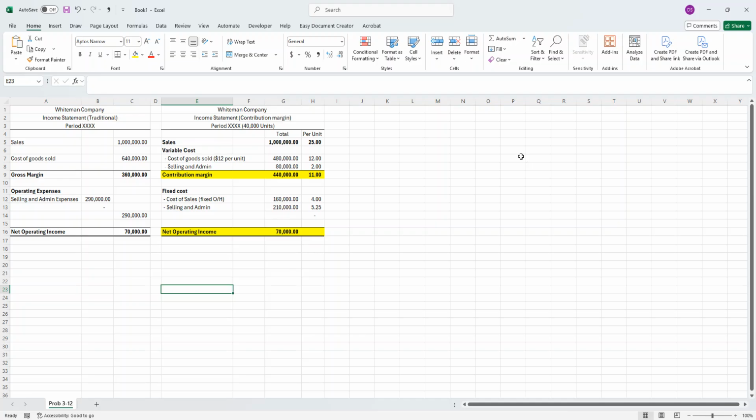The other point I'd like to point out here, which you'll understand better when you do more examples and other chapters, is that this particular statement looks at the average sale price and average variable cost. But when companies look at these kinds of financial statements, they do them for every single product the company makes.